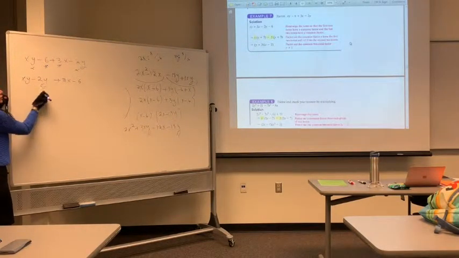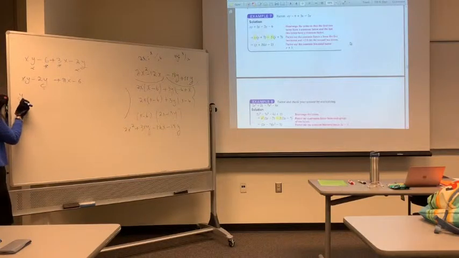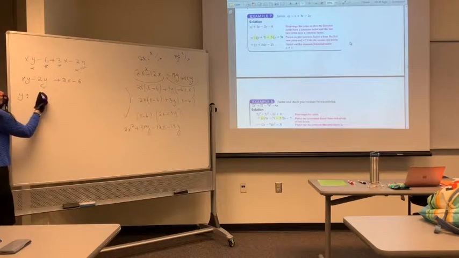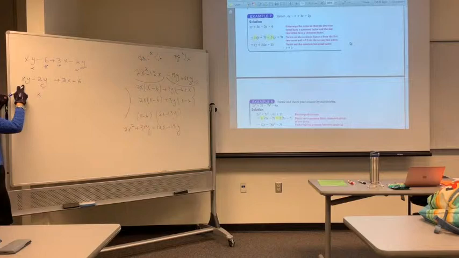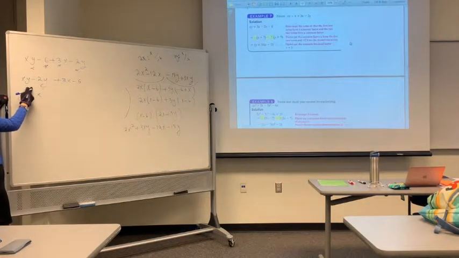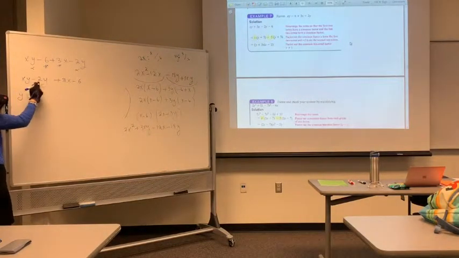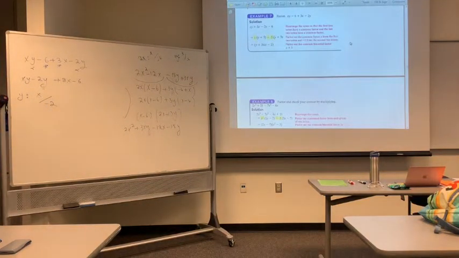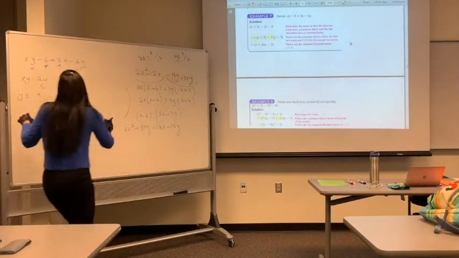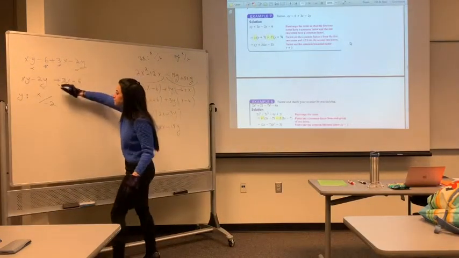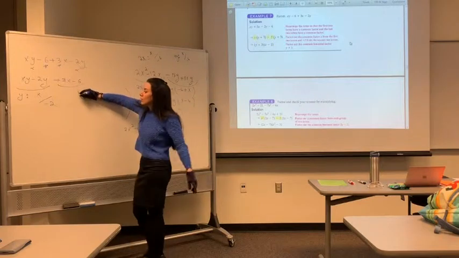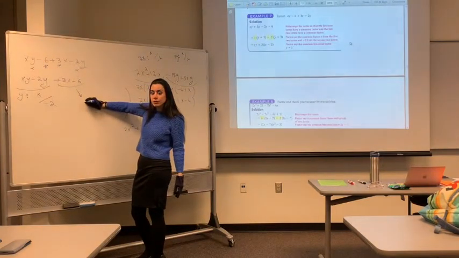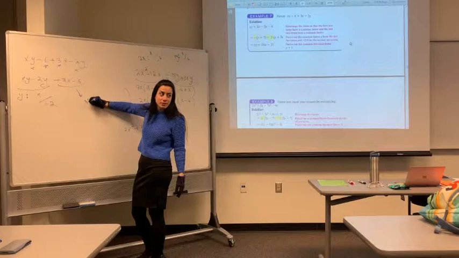Between these two, what is common? Y is common, right? So the ratio of the first one is x. Correct? The ratio of the first y is x. What is the ratio of the next one? -2, I'm sorry. Correct? And then here, what is common between these two? 3 is common, right?